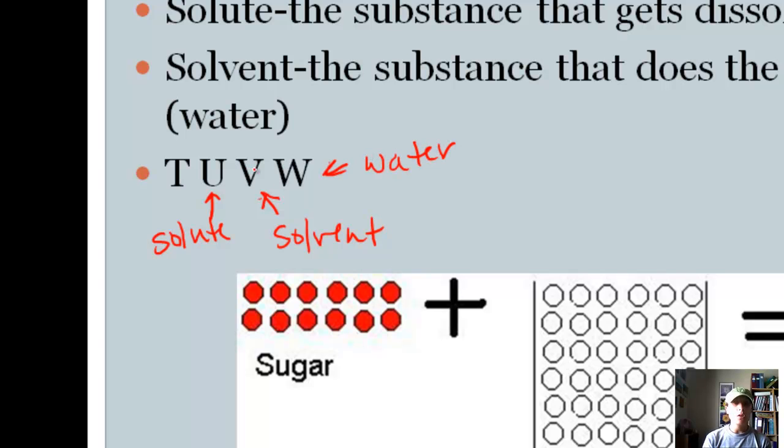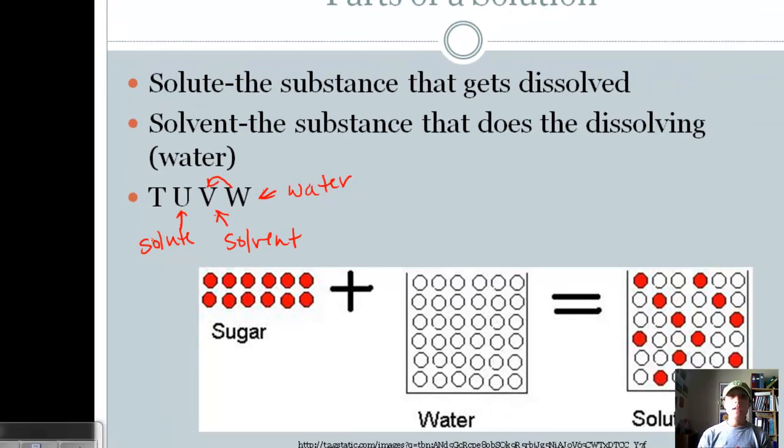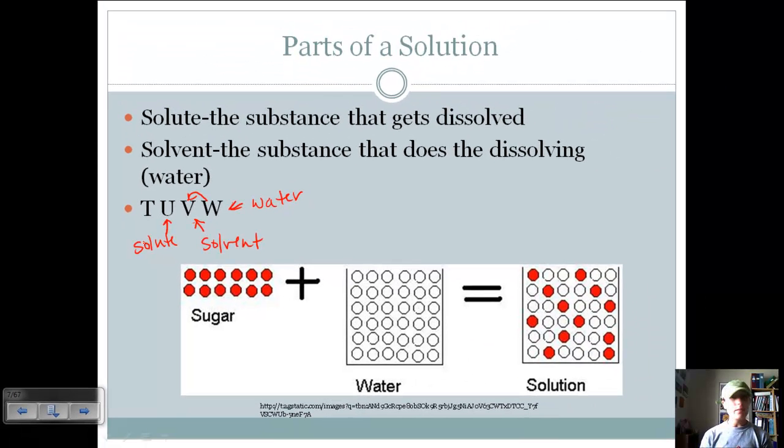And since water is closer to the V than it is to the U, that tells me that water must be the solvent. Well, I know that water dissolves things, so that's the purpose of the solvent. It does the dissolving. Well, if the solvent does the dissolving, that must mean that the solute is the one that gets dissolved. Okay, so that's how I remember it. However you need to come up with to remember it is up to you. But the terms are so similar, it's easy to get them confused.